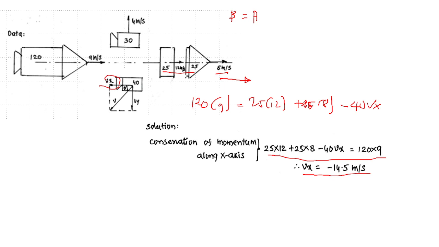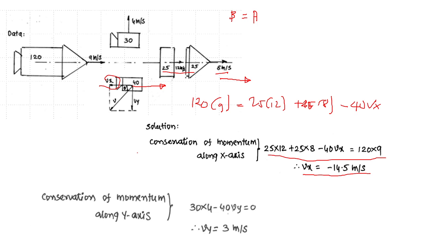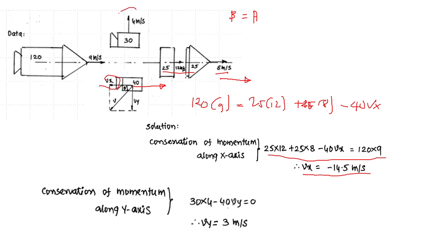In other words, our assumption is to the left, meaning our true direction should be going to the right, because our value is negative, meaning that our assumption is not correct. So how about Vy? There are only two directions, going up and going down.